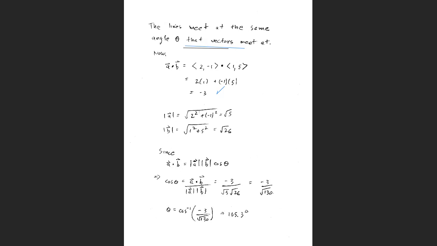And then we have to find the magnitude of the vectors A and B. And then we make use of the fact that the dot product of A and B is equal to the magnitude of A, or the length of A, times the length of B, times the cosine of the angle between them.